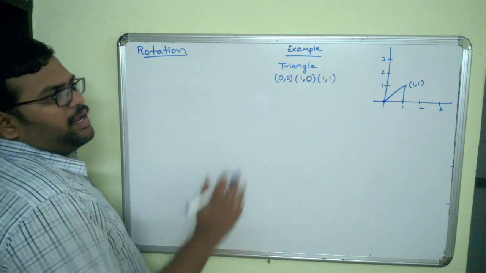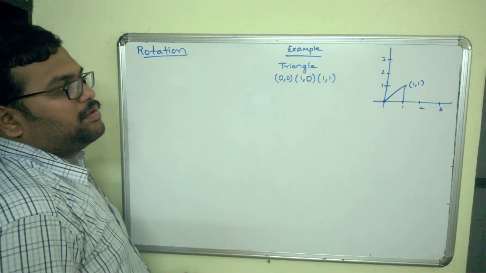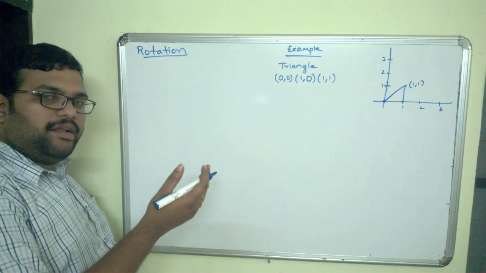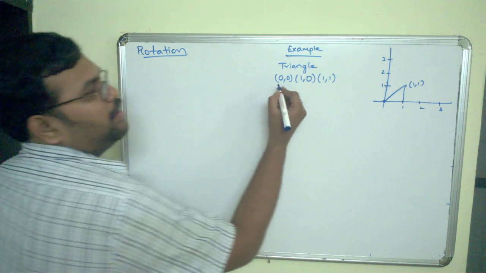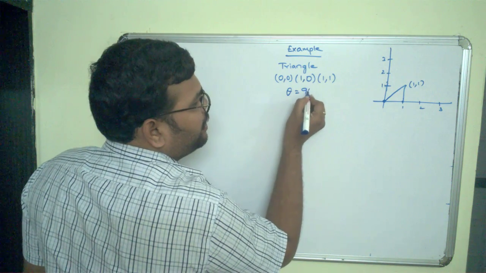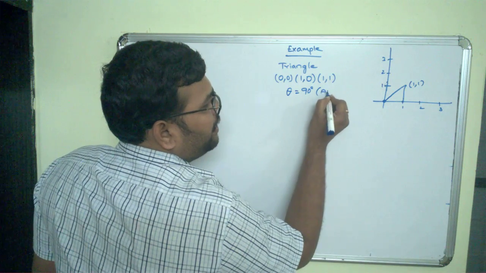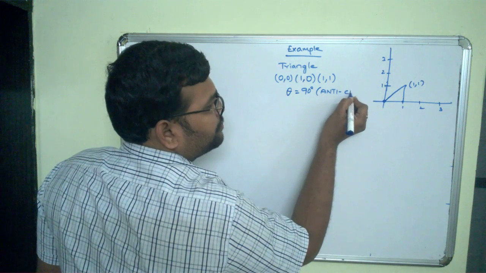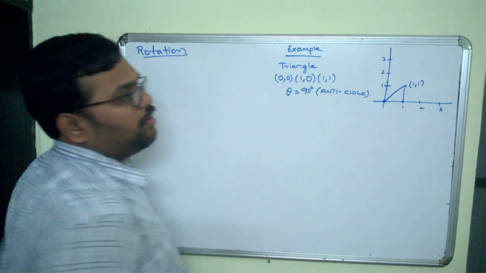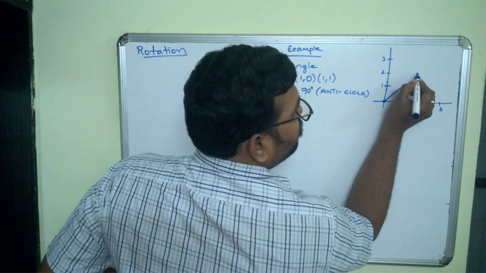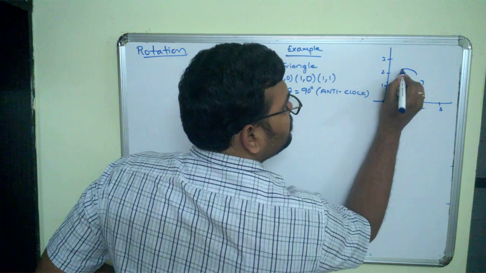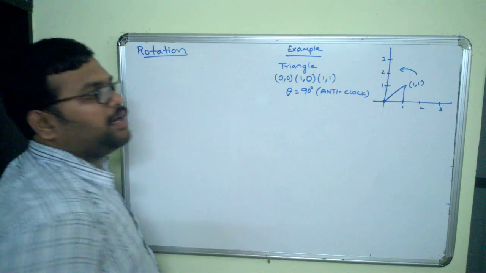Let us consider this triangle. We are rotating this triangle by an angle of 90 degrees in anti-clockwise direction. That means we are rotating this triangle in this manner, by 90 degrees.